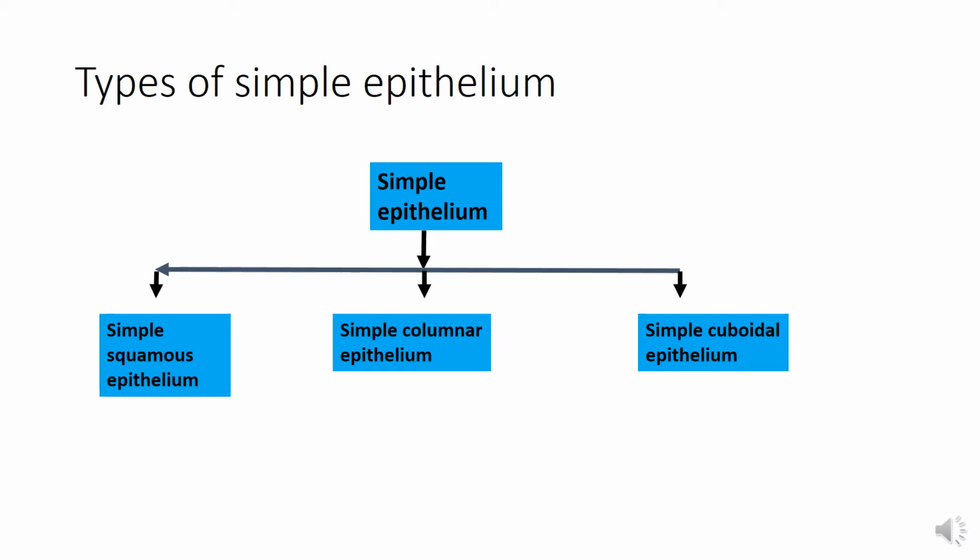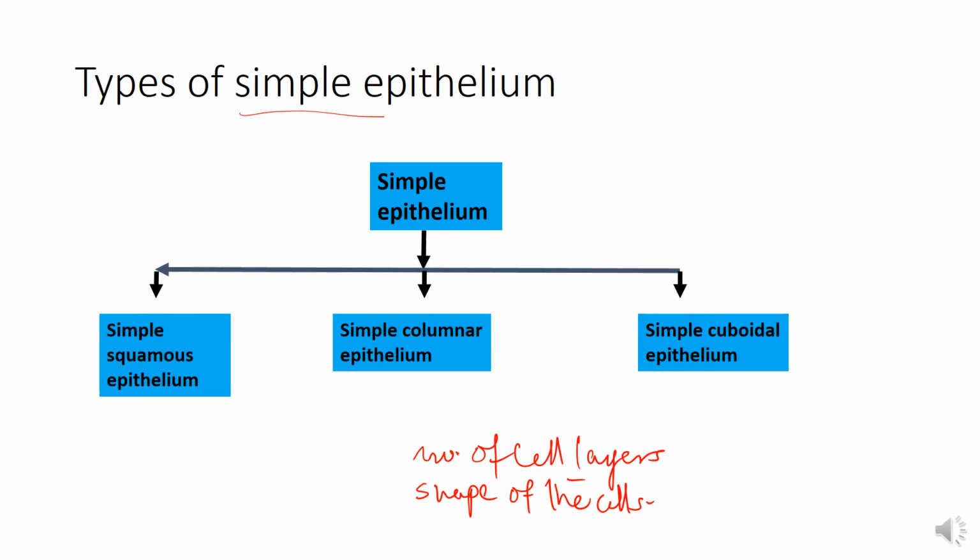So we classify the epithelium on the basis of number of cell layers and the shape of the cells. Now simple epithelium consists of single layer of cells.